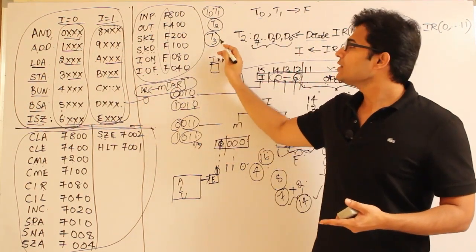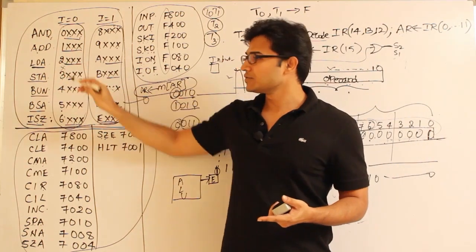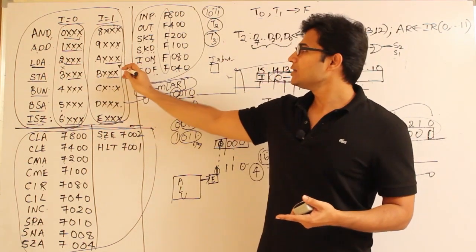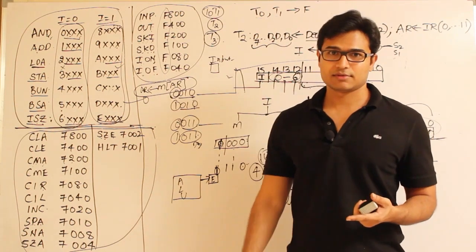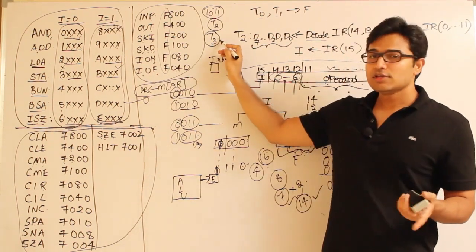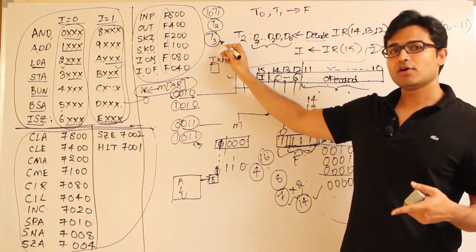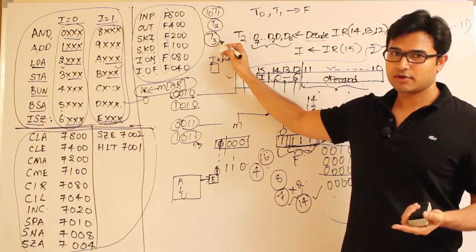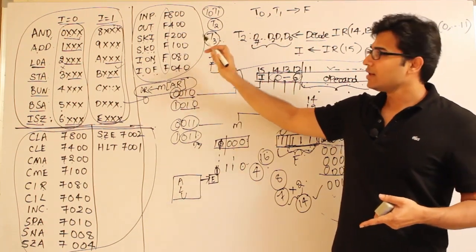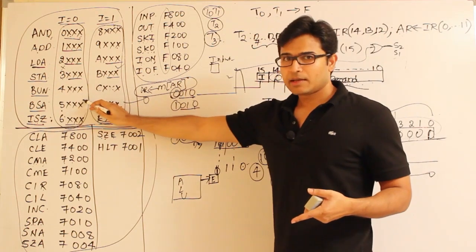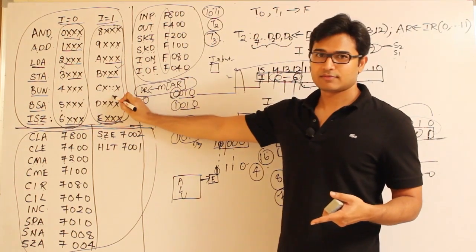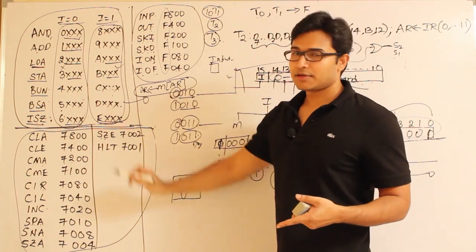Therefore T3 is not used for these instructions, but T3 is used for these instructions. So T3, in which we calculate the effective address, is not required for this one, but it is required for this one. Got it? Only for memory related instructions.